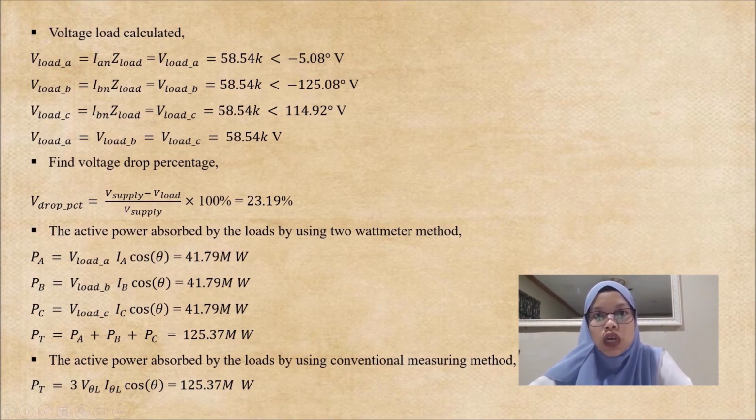I also calculate the active power absorbed by the load using the conventional measuring method. The formula is total active power is equal to 3 times voltage load times current load times cos phase angle.